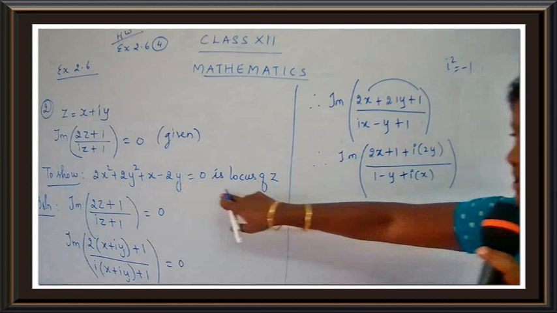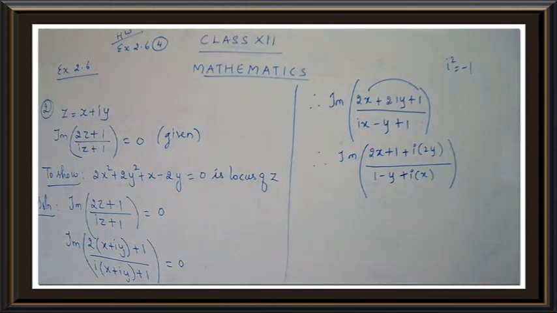Yes, children? So now, whenever we solve the sum, I have told you, don't keep the imaginary part in the denominator. So we have to remove the imaginary part from the denominator. So how to remove the imaginary part from the denominator? You have to multiply and divide by the conjugate.